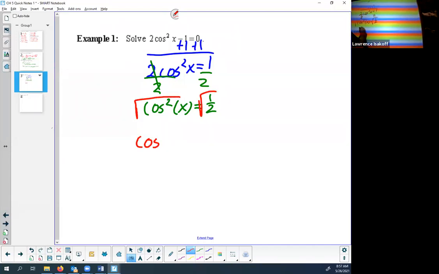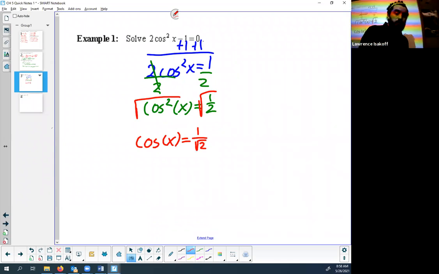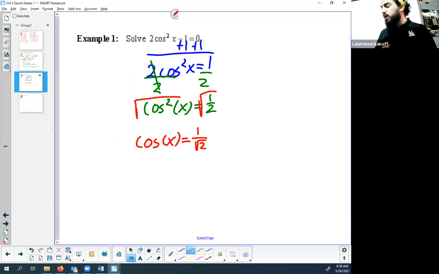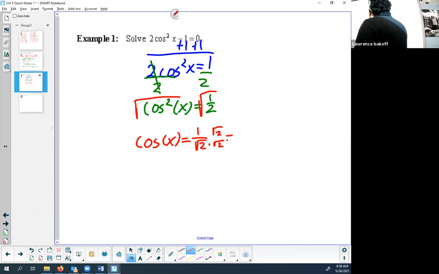So cosine of x is equal to square root of 1, just 1, over the square root of 2. Now, I don't like square roots in my denominator, so I'm going to rationalize this by multiplying by root 2 over root 2. So that actually becomes square root of 2 over 2.